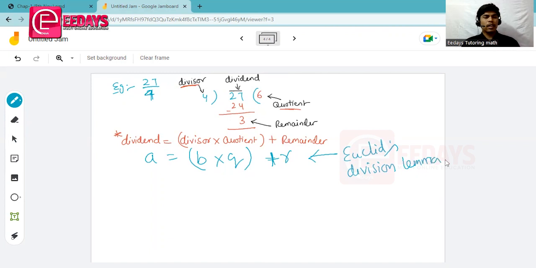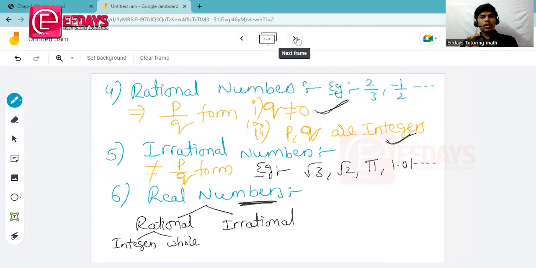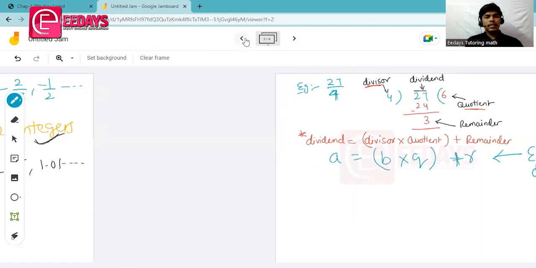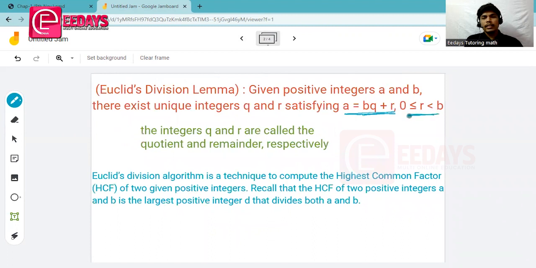This is the format. Every time we can't write dividend is equal to divisor into quotient plus remainder; we simply write a is equal to b into q plus r. I hope you get the idea. Now the condition here, observe carefully: 0 is less than or equal to r, and r is less than b.